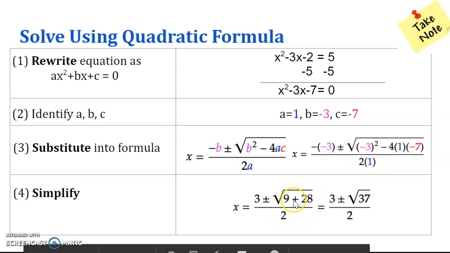Inside the radical, 9 plus 28 simplifies to the square root of 37. So the final answer is 3 plus or minus the square root of 37, over 2. I cannot simplify the square root of 37 anymore, because 37 is not a perfect square, nor does it have any factors that are perfect squares. So this is left as 3 plus or minus the square root of 37 over 2, which means x is 3 plus the square root of 37 all over 2, and the other possibility is 3 minus the square root of 37 all over 2.